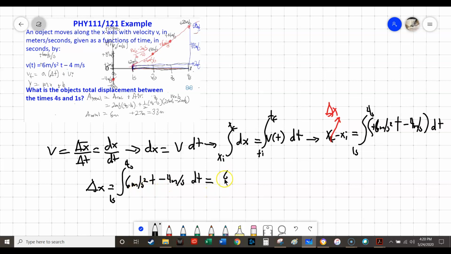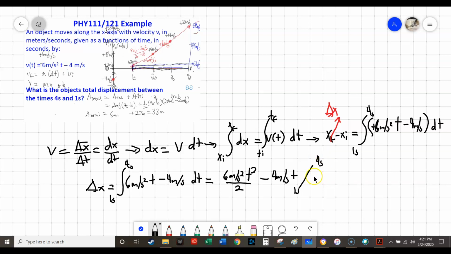That's going to end up being 6 meters per second squared t squared divided by 2. And then the negative 4 meters per second I'm going to integrate. And that's going to be minus 4 meters per second times t. And this is all going from 1 second to 4 seconds.